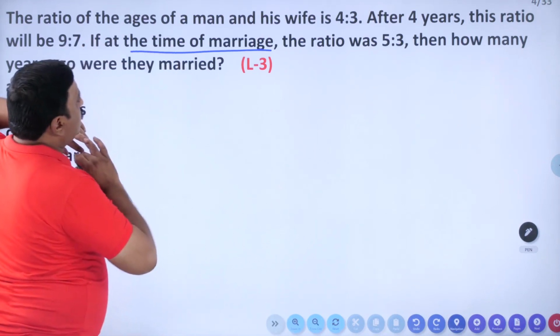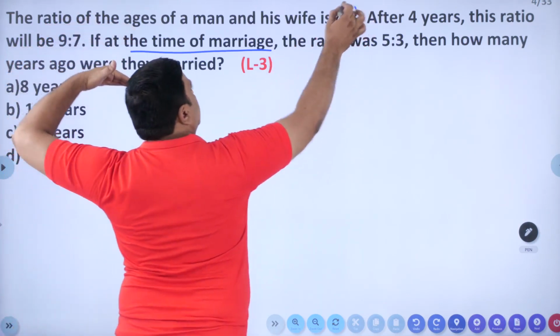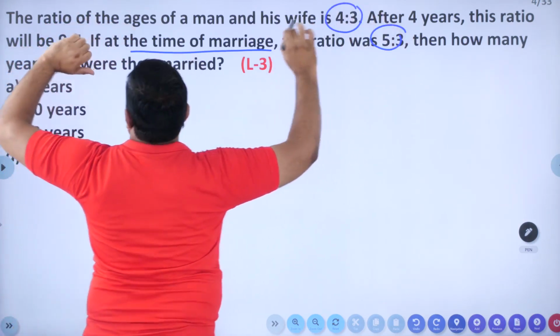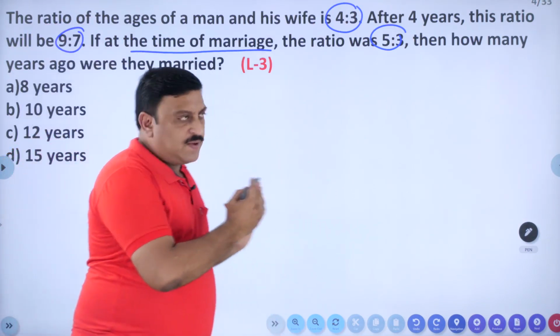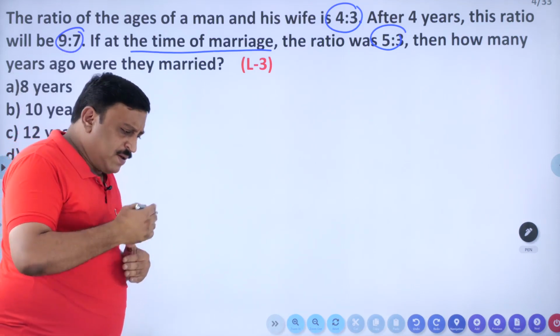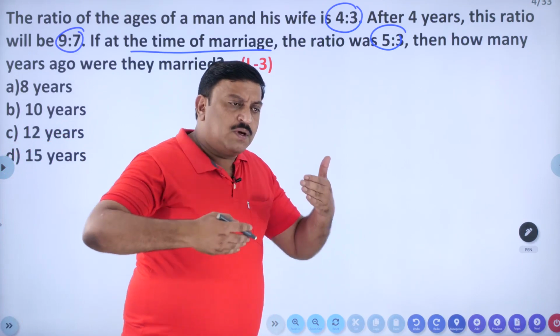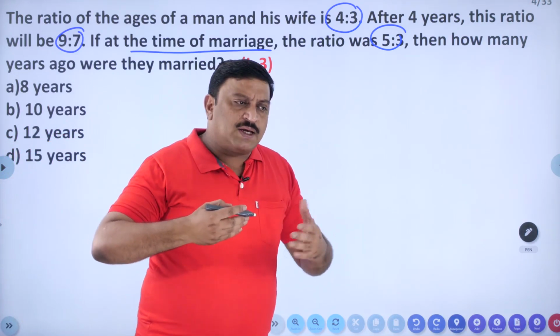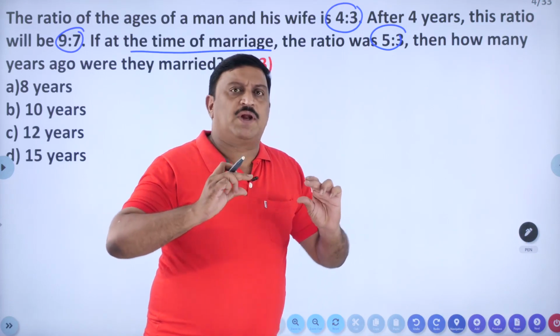See, first of all, in each and every case here, ratios are given. Oh, 3 ratios are given. First of all, we will make that one. Then you will switch to how many years ago that is. That means, compared to the previous question, this is another model, no? Because the previous question asked for the in-between ratio.